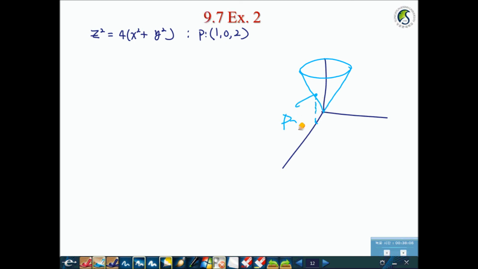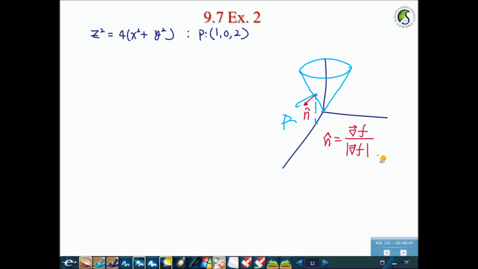Then what is the gradient vector at P? That's n. n is a unit vector, it's a hat, so it's the gradient vector f over the magnitude of gradient vector f.